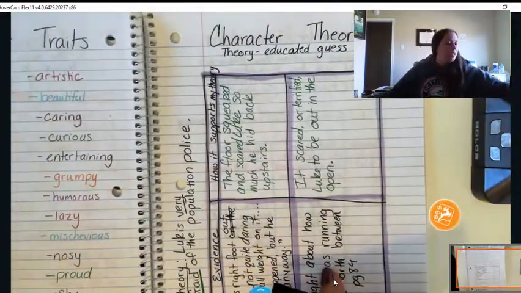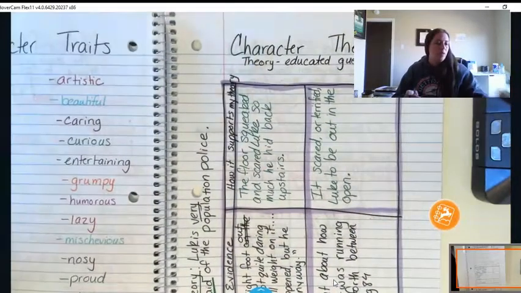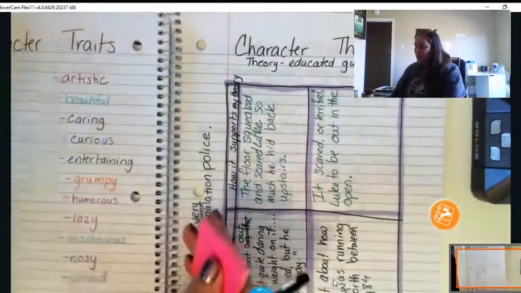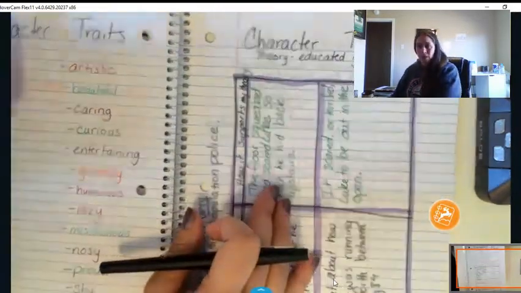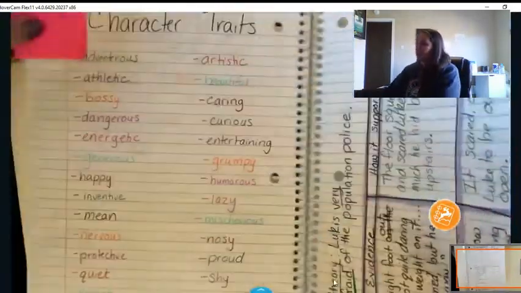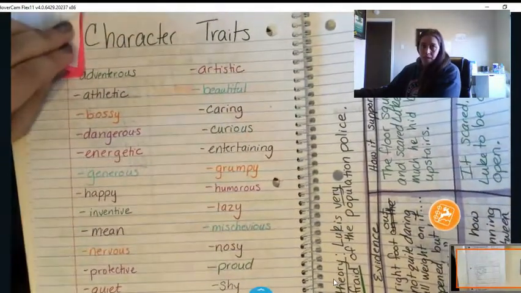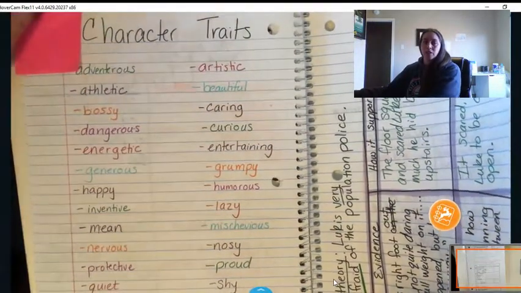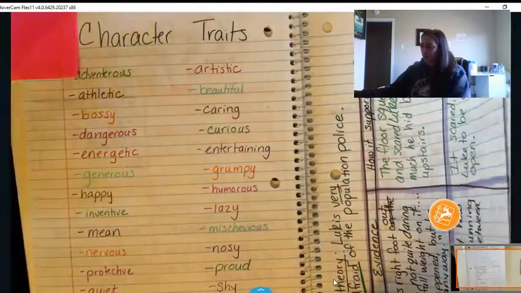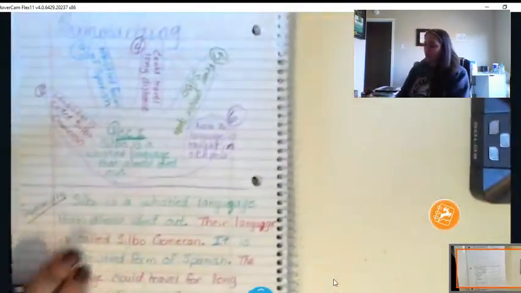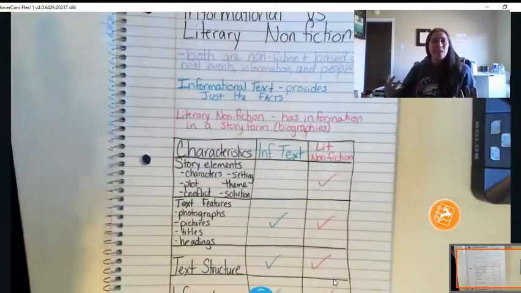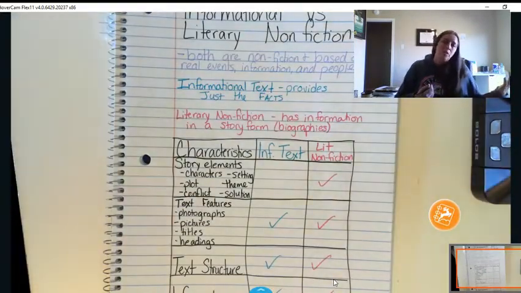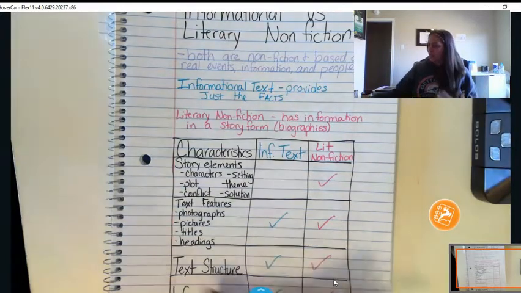I'm actually going to put a little sticky note on my character traits, because the other thing you could do is move your paper down and fold it like that for character traits. That way you can go back and find it. But when we're talking about characters in literary nonfiction, we use the same character traits that we used when we were talking about them in fictional text.